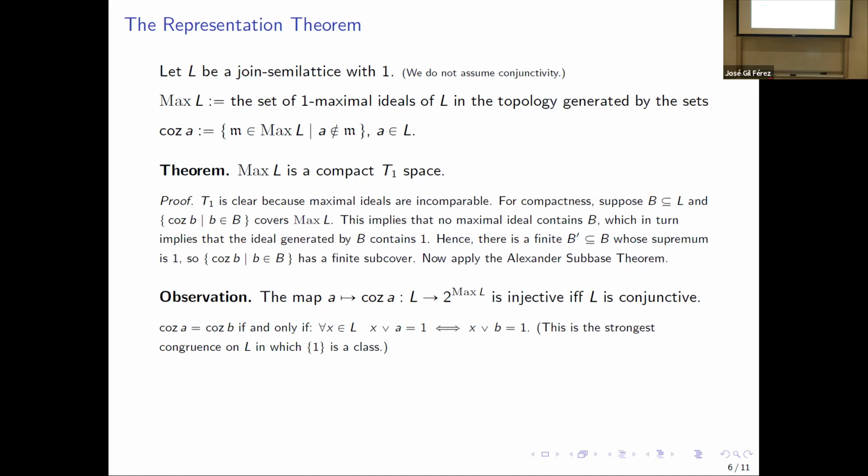The mapping from A to co-zero A is a mapping from L to the set of all two-valued functions on max L. That mapping is injective if and only if L is conjunctive. As a matter of fact, the kernel of that mapping is described as follows: co-zero set of A is equal to co-zero set of B if and only if A and B have the same upper complements.